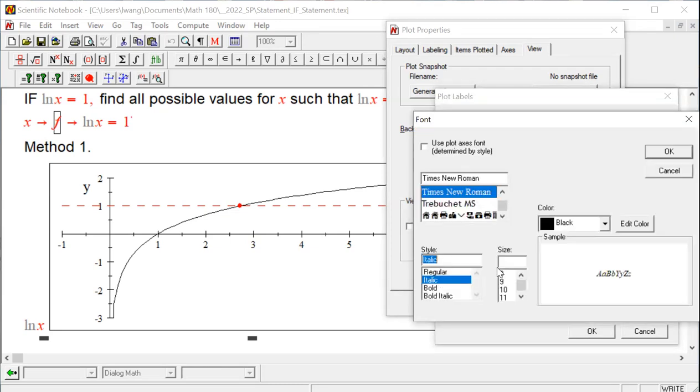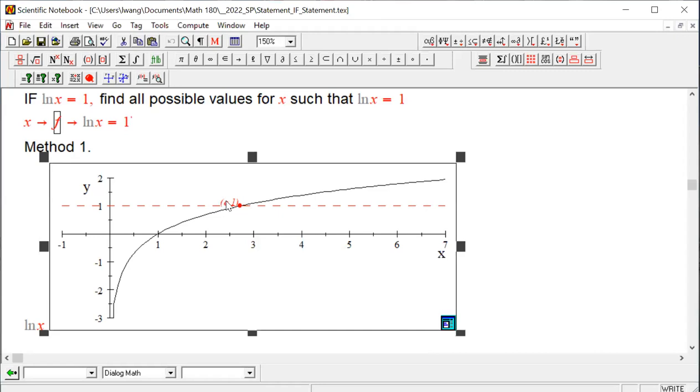You see that? And we want to identify all possible values for x, and that x is e. Do we have more solutions? The graph tells us we have only one solution, and this function is an increasing function. It's 1 to 1.